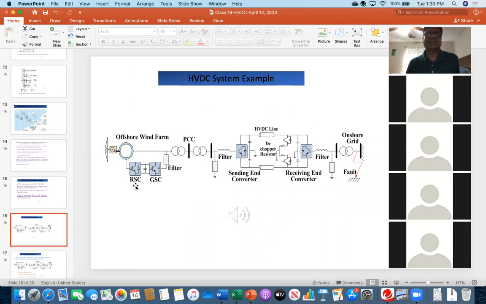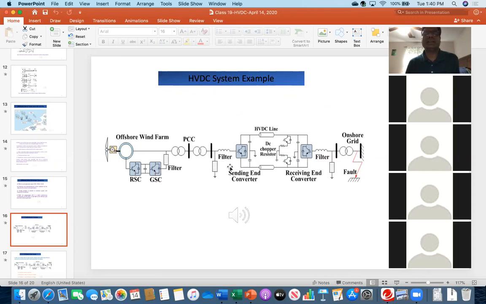RSC stands for rotor side converter, and GSC stands for grid side converter. Then there are some filters, and this symbol represents the transformer, and then PCC means point of common coupling. Then again there is another transformer, and again filtering. This inductance also represents a filter.